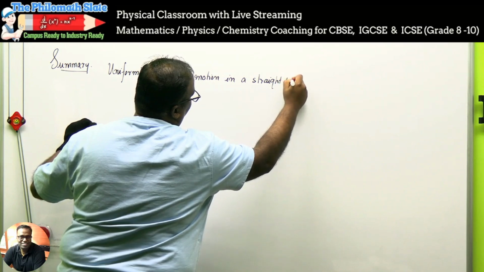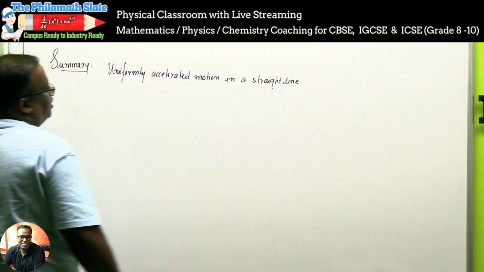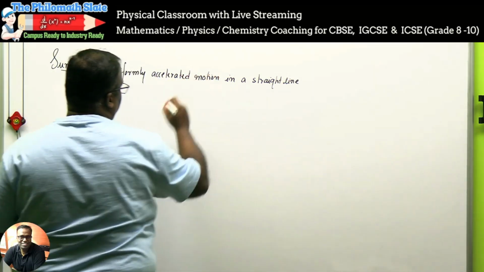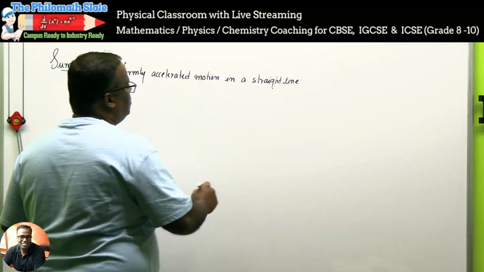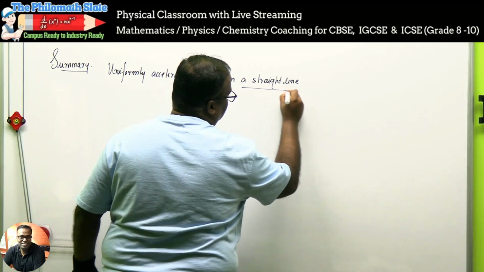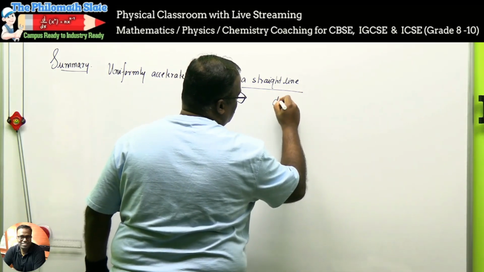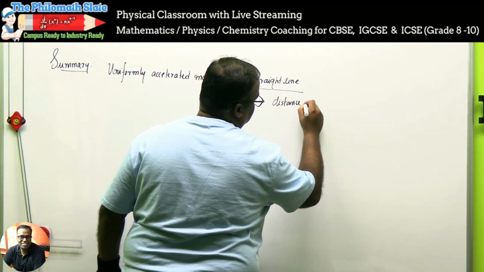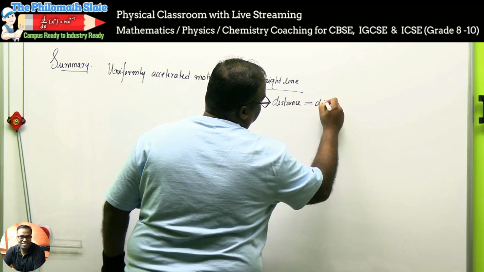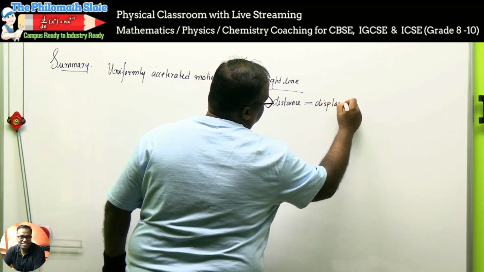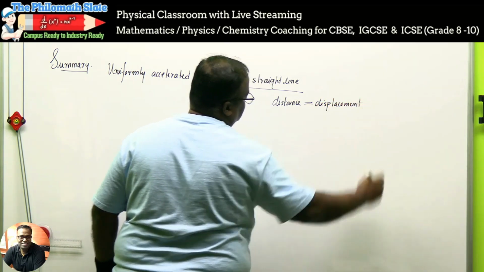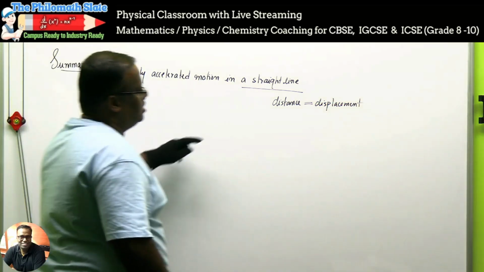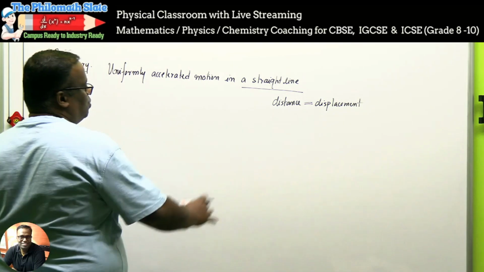Why do I call this chapter's name in this manner? Because a lot of information is hidden here itself. Uniformly accelerated motion in a straight line. So it's a straight line motion. That means in all questions you will be getting in this chapter, distance is the same as displacement. Because displacement is the shortest distance between 2 points in a straight line.